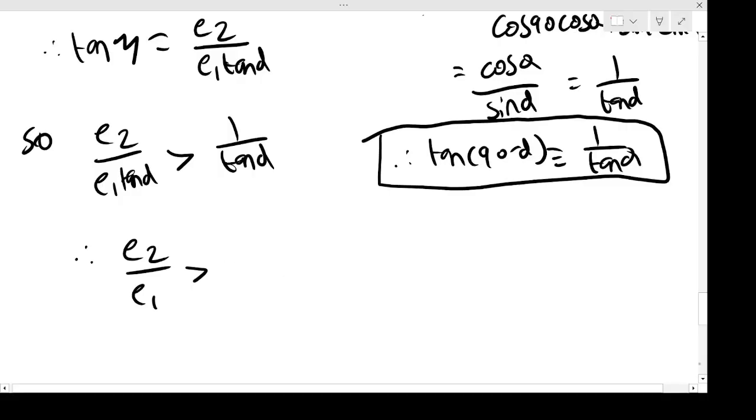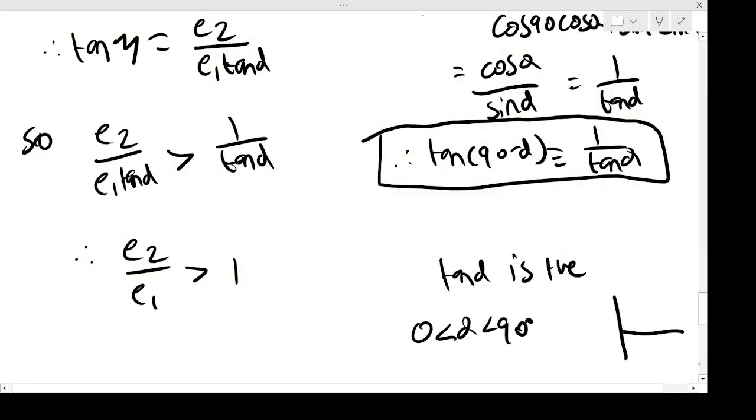Now remember, you might be right to be cautious about what if I'm multiplying by a negative number. What about the inequality? But tan alpha is positive. That is because tan alpha is between 0 and 90. Think about the tan graph between 0 and 90. It's positive, isn't it? So tan alpha is going to be a positive quantity. So don't panic about that.